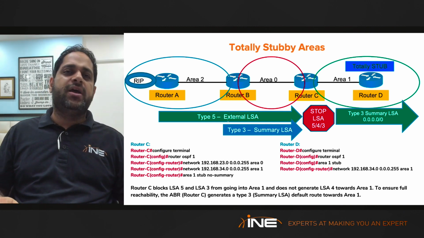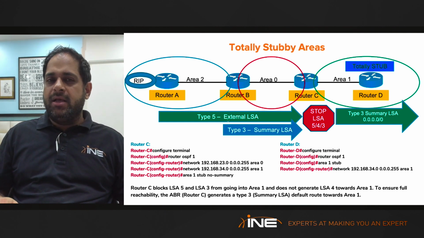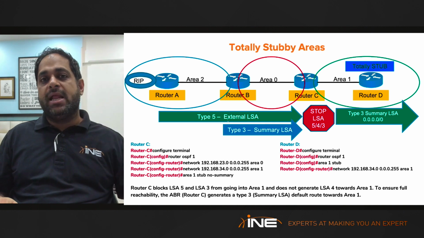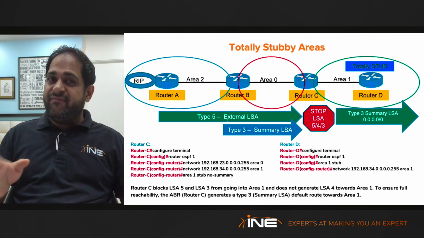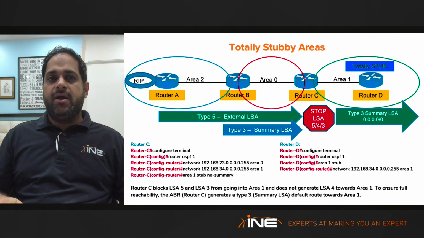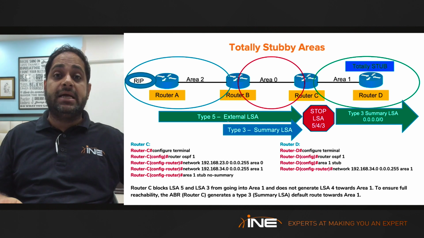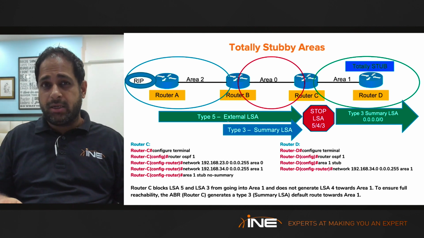So when you configure totally stub, you are basically telling the ABR to not send type 3 LSA also. By default with stub, it blocks type 5 and 4. But when you configure totally stub, it blocks LSA 3 also, which means inter-area LSAs also get blocked.